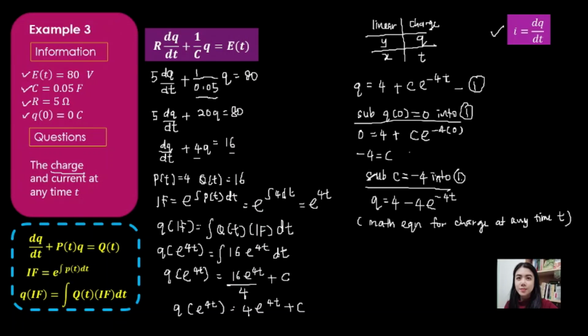It says that your I is equal to dq/dt. So you're going to differentiate this. If you differentiate 4, it gives you 0. And how about the minus 4 e to the power of negative 4t? If you differentiate this, it gives you minus 4 multiplied by minus 4, so you have 16 e^(-4t).